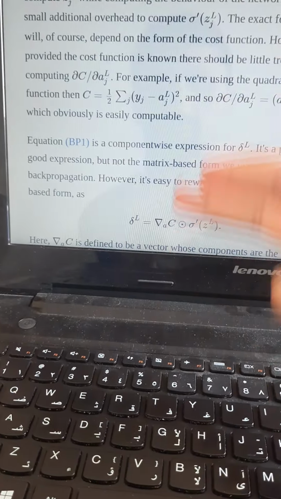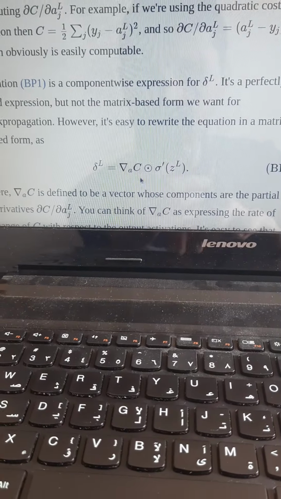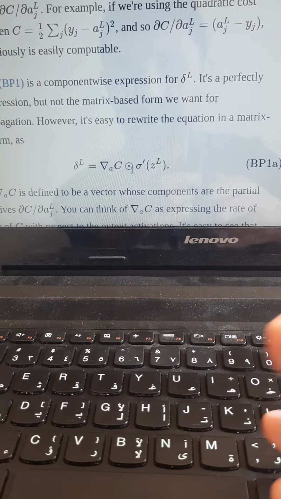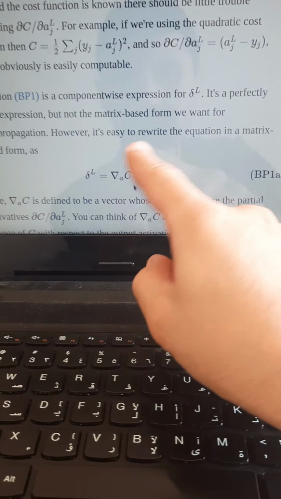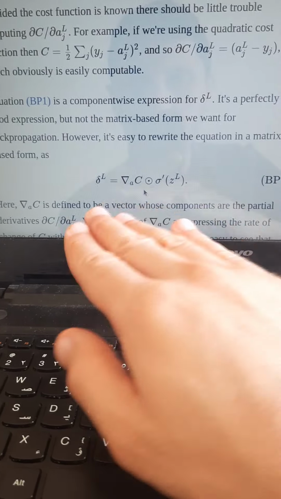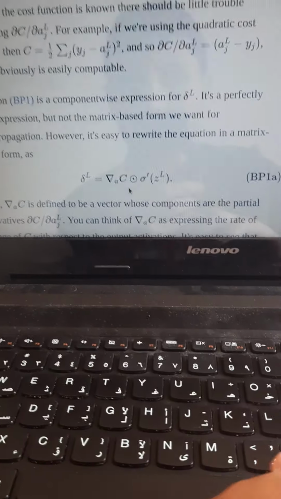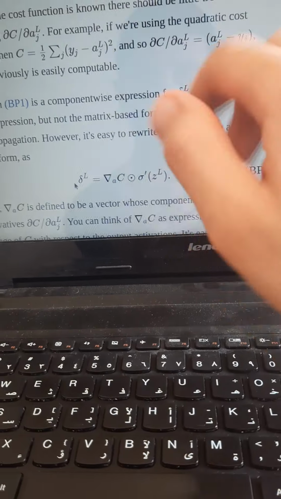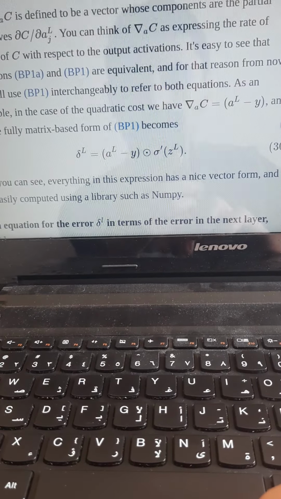This is a very intuitive product, and we multiply term by term and obtain a vector. We know all this. This is about backpropagation one.